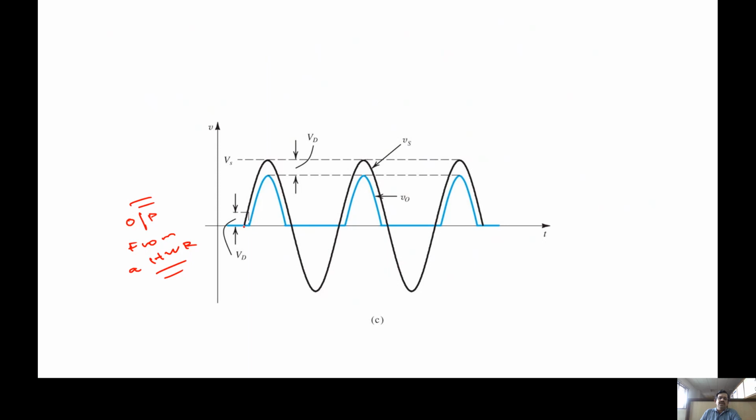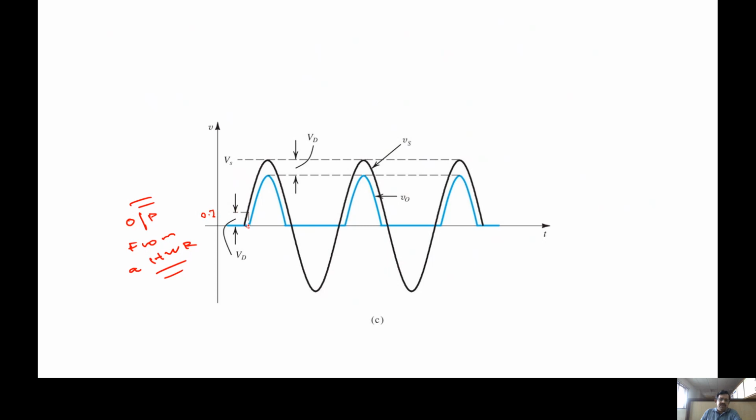By the constant voltage drop model, we assume that until 0.7 volt for a silicon diode, the diode does not conduct, as it is not coming under forward bias. The diode begins conduction only when you apply the minimum voltage of 0.7.